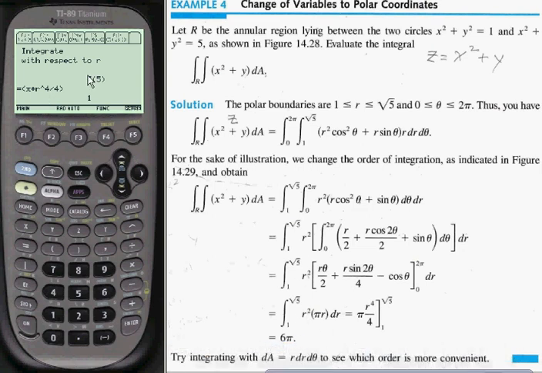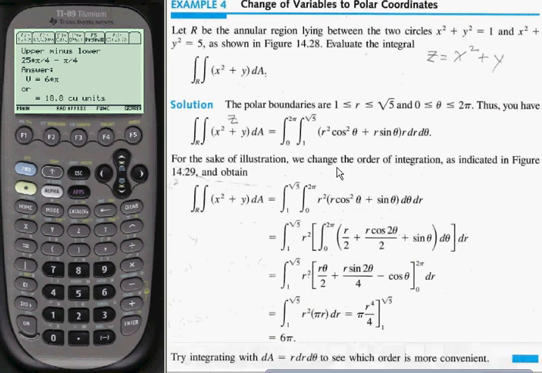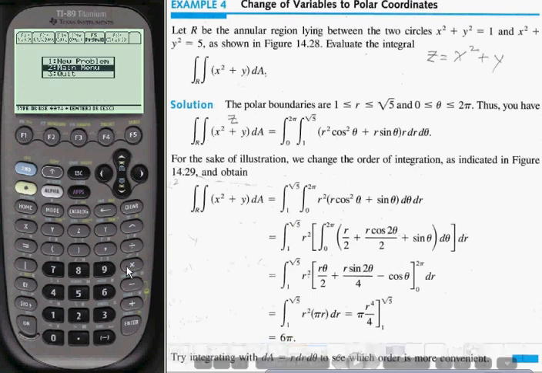This is the integration, and then we do the square root of 5 over that. Square root of 5 over that turns out to be 25 pi over 4. And we do the lower limit of 1, turns out to be pi over 4. We subtract them, come up with equals 6 pi, which is what they've got down here. Okay? So we can go back now.